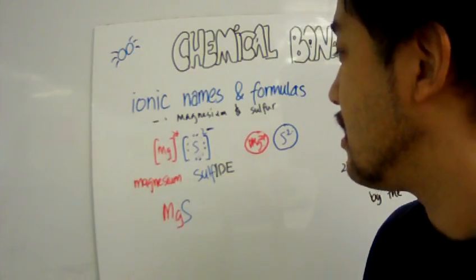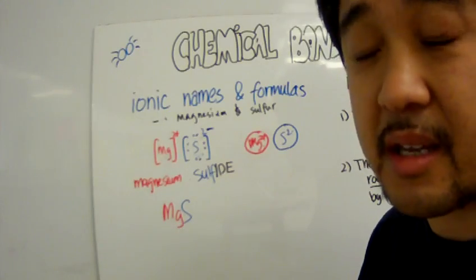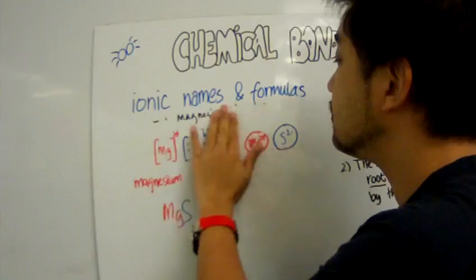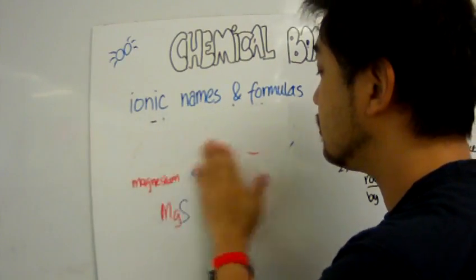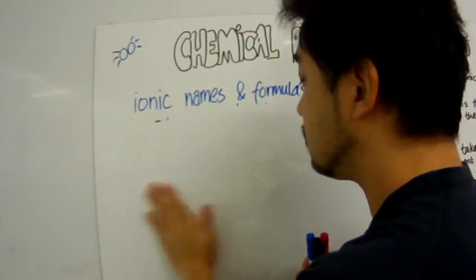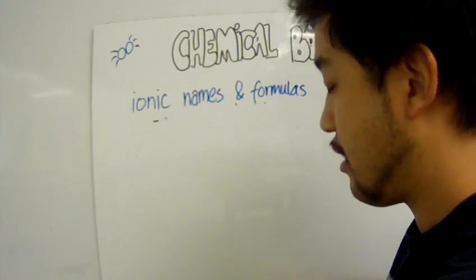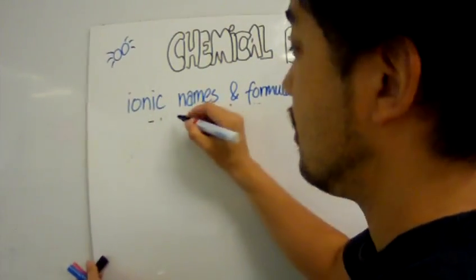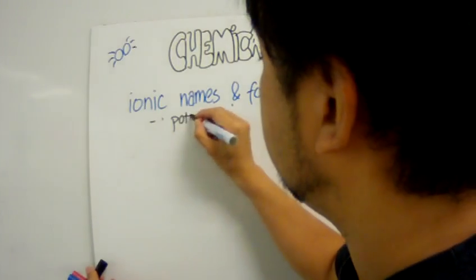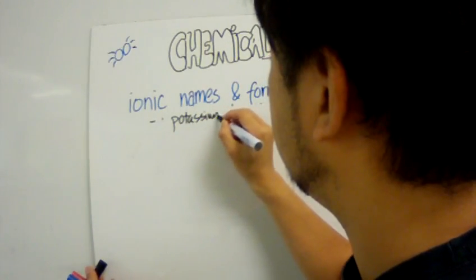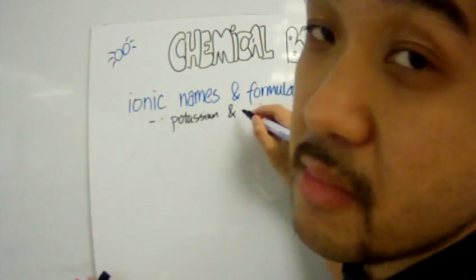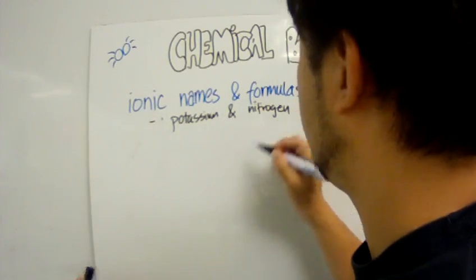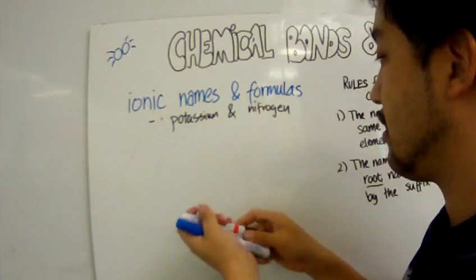Brilliant. What about something slightly more complicated? Okay. What if we had potassium and, let's say, nitrogen? Okay?